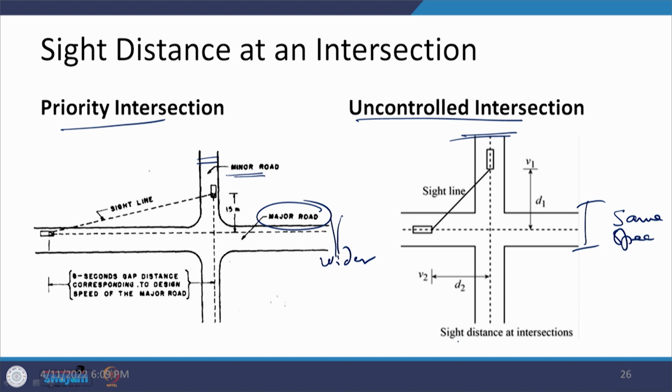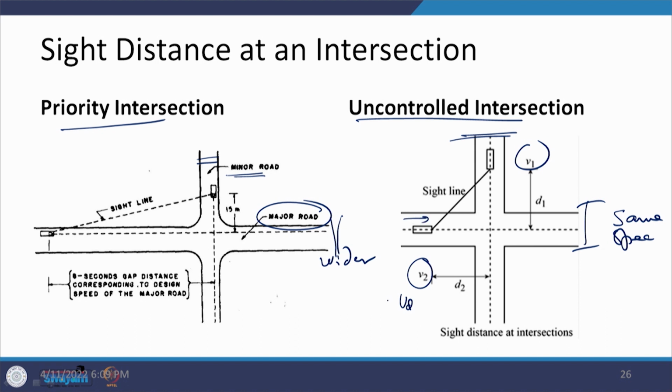So, in the case of uncontrolled intersection, there are two roads which are crossing each other, which are of the same specifications, and when they are of the same specifications, we assume that the speeds with which they are moving are nothing but equal to the design speed only. And if they are equal to design speed, then we are interested to see what is the distance which should be visible to the vehicles which are moving here.